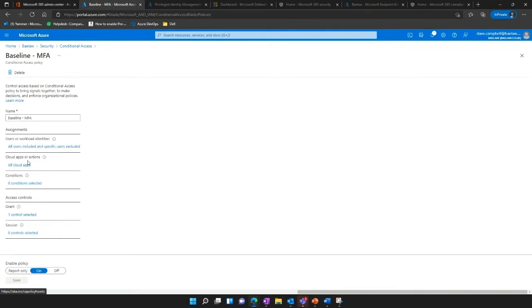So you can see here, it's a very simple configuration for applying MFA. I'm applying it to all users apart from the break glass, applying to all my cloud apps, so that's all of my Microsoft apps and the third-party apps being used within the organization, or anything that's front-ended by Azure Active Directory.